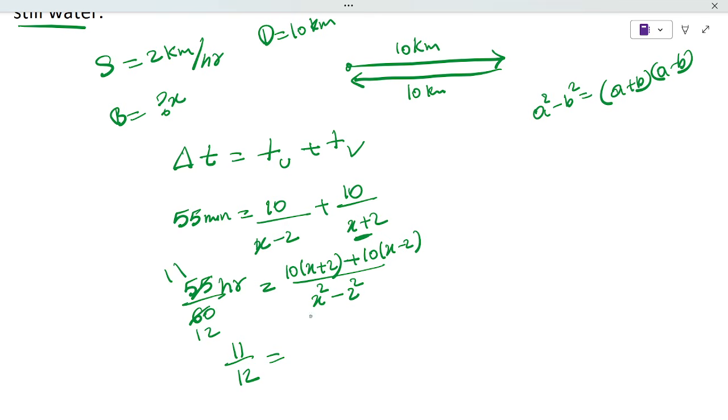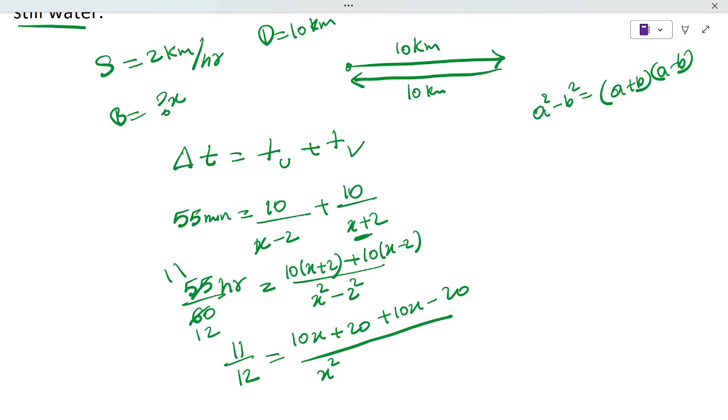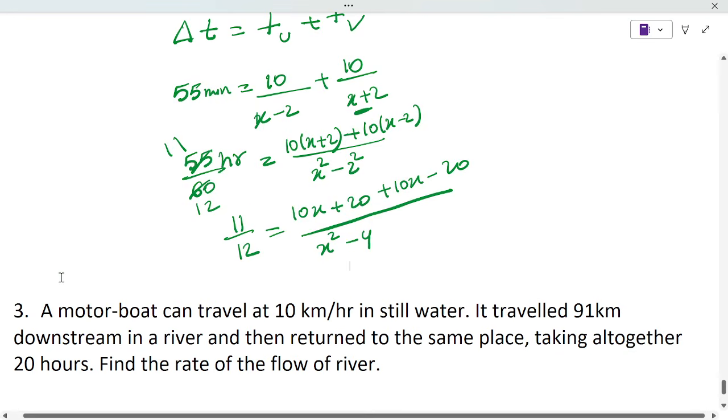So 10 into x gives us 10x plus 20, plus 10 into x gives us 10x minus 10 into 2, which is 20, divided by x squared minus 4. Oh, we will get it in terms of a quadratic equation.